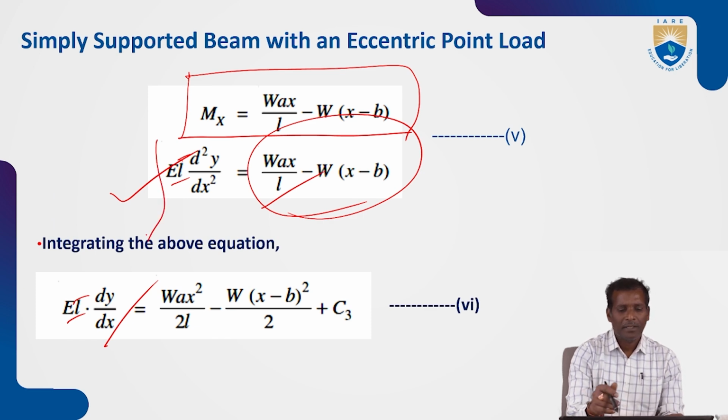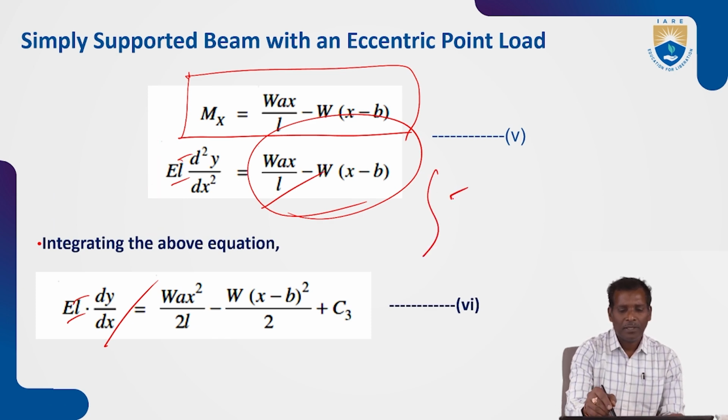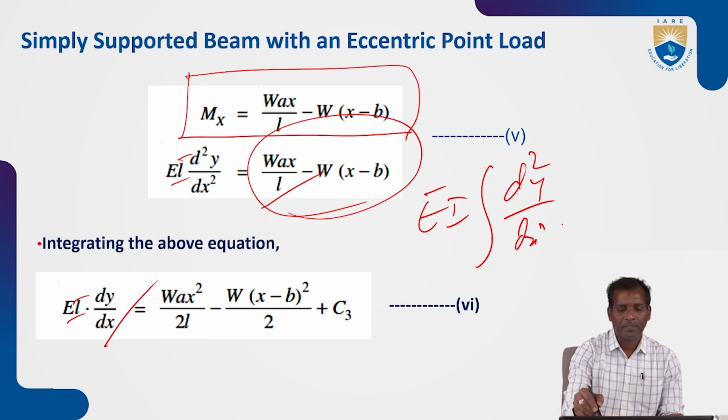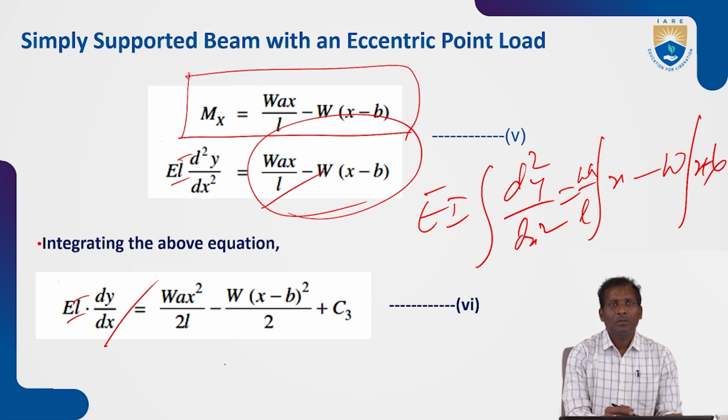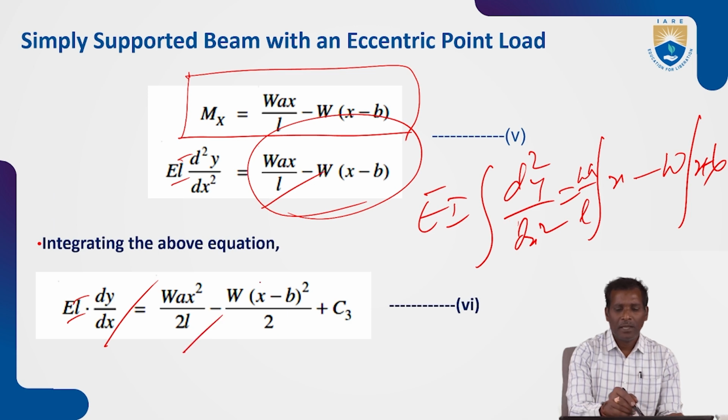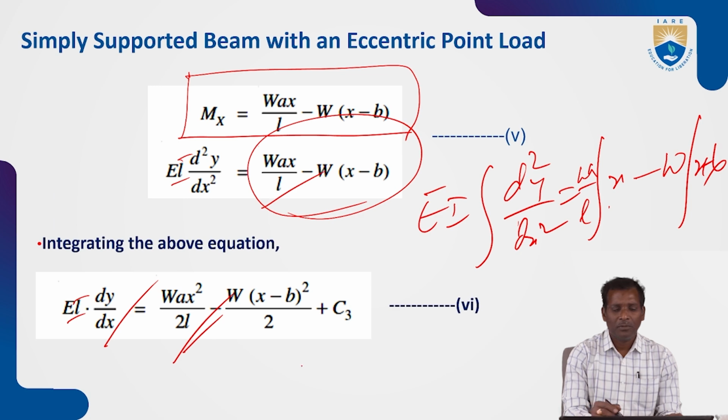Take EI outside, integrate d square y by dx square is equal to integrate Wa by L into X minus W integrate X minus B. So EI into dy by dx is equal to Wa by L into X square by 2 minus W into X minus B whole square by 2 plus C3.